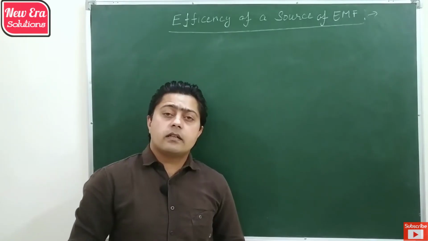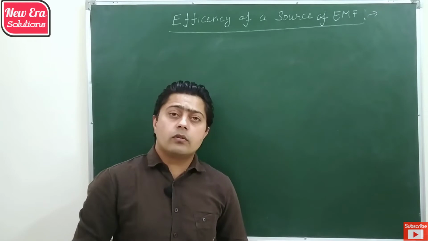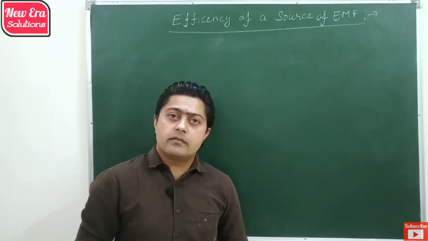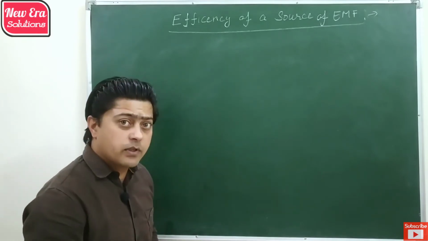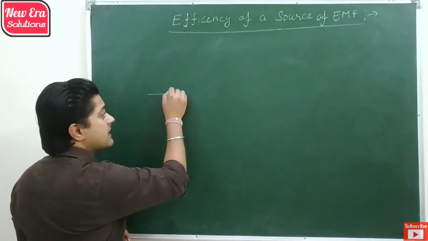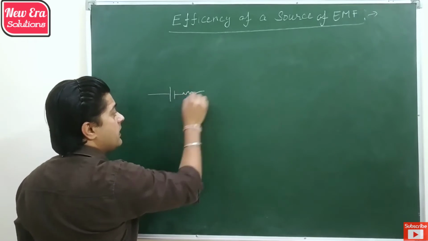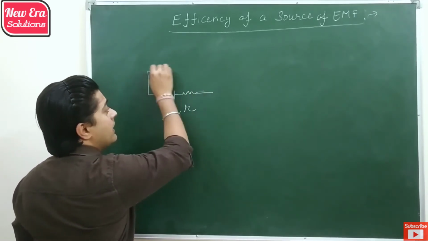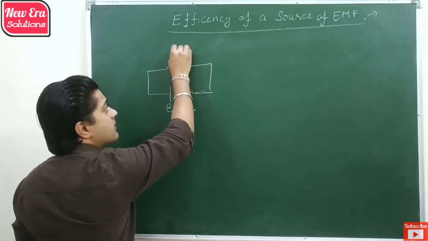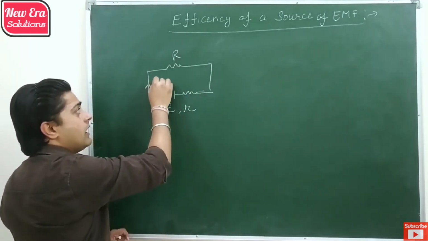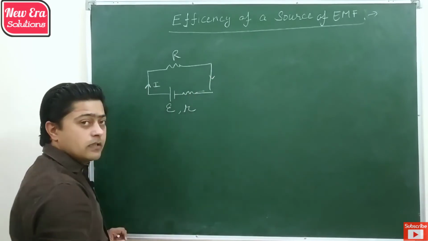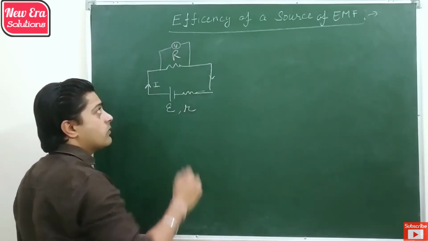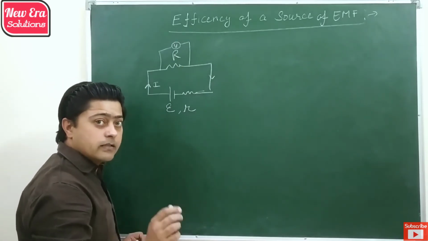In an electrical circuit, we always use a cell or a battery as an EMF source, which has a particular efficiency. If we want to calculate the efficiency of a source, let a cell of EMF E have internal resistance small r, connected to an external resistance capital R. I is the current flowing through the circuit and V is the terminal potential across the external resistance.